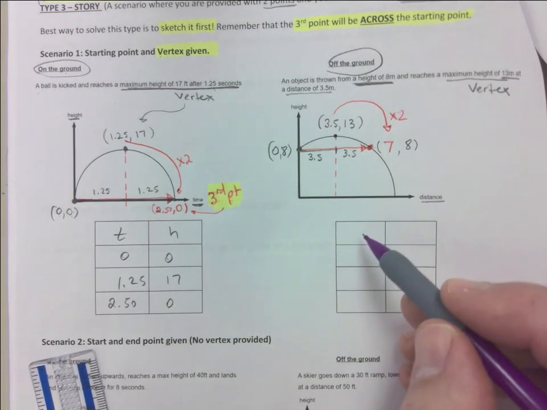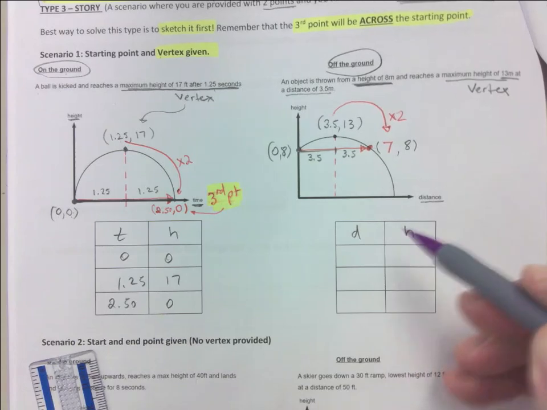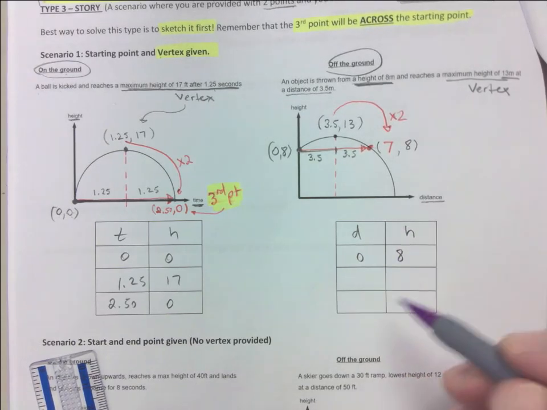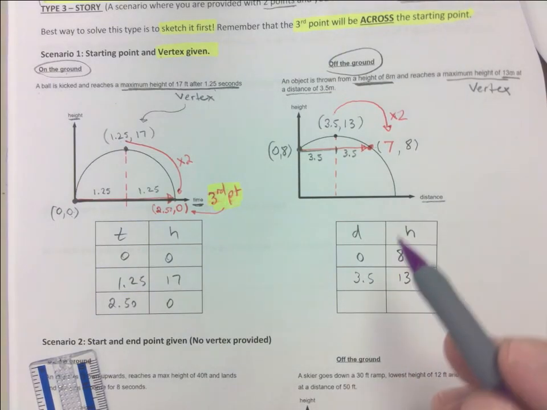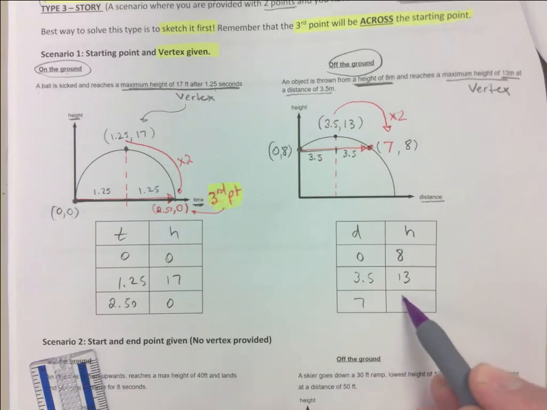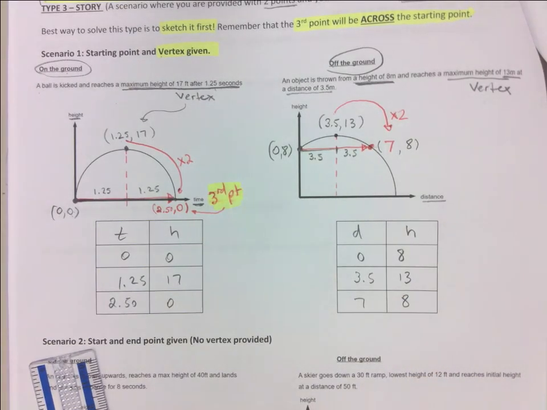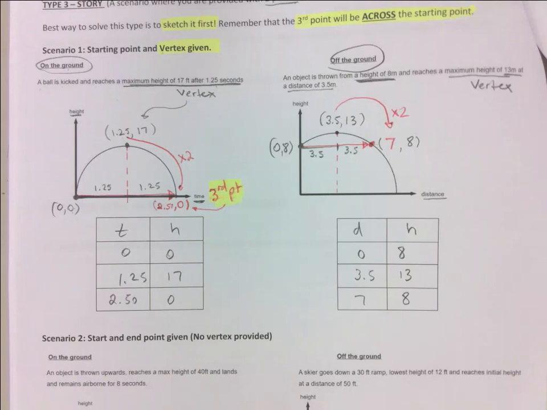Now you can do it. So we go distance and height: 0, 8; 3.5, 13; and 7, 8. You've got your 3 points, L1 and L2, and so forth.